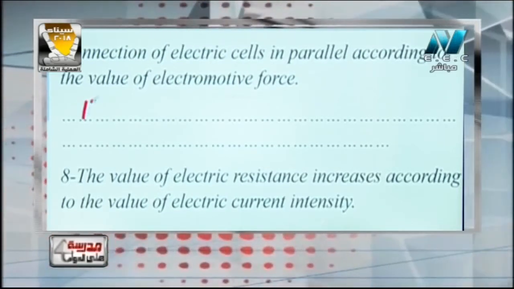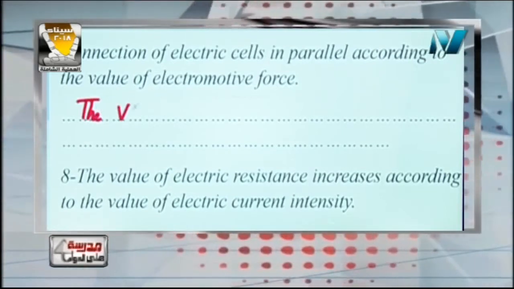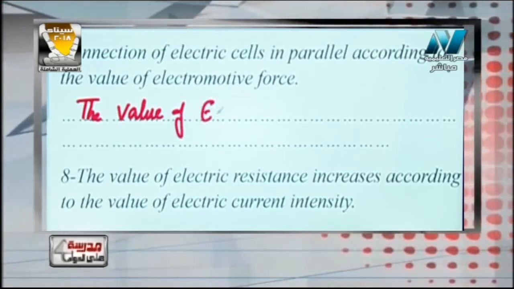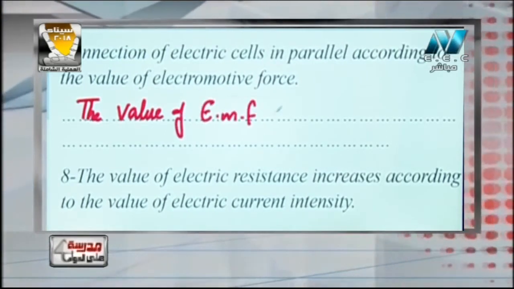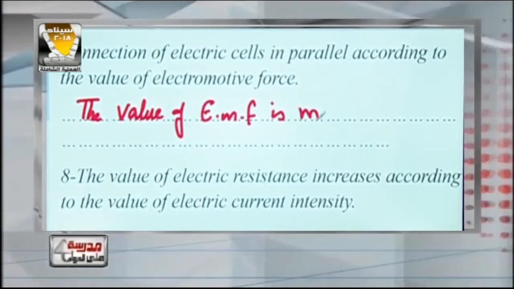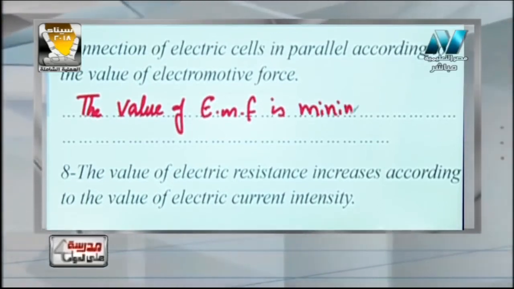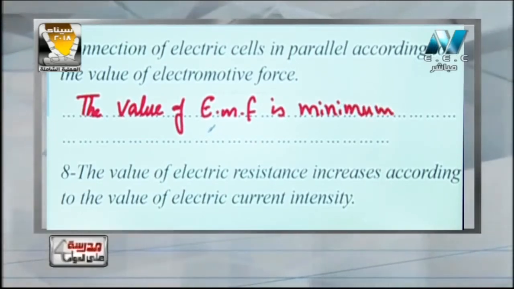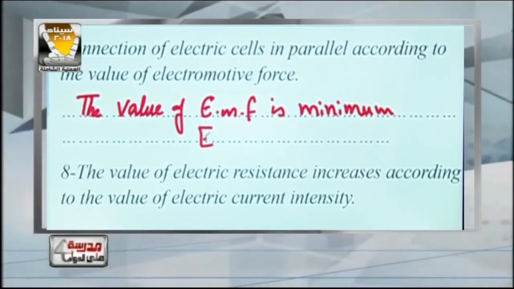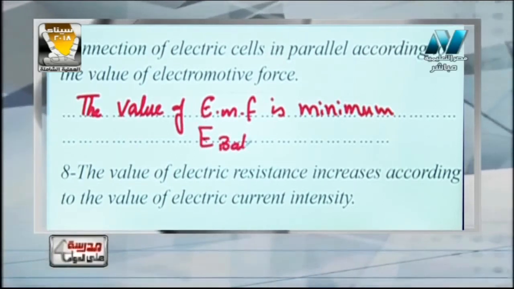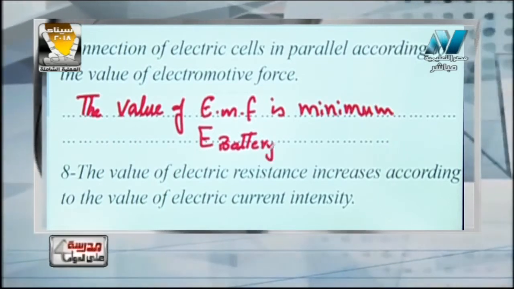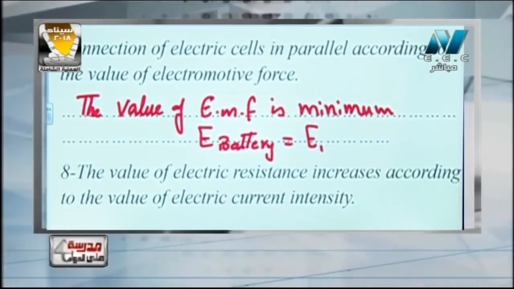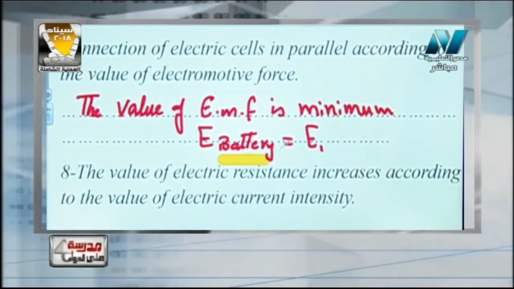Here the value of electromotive force is minimum. Why? Because in this relation we can calculate the electromotive force as E battery equal E1 of any electric cell. E battery equal E1.